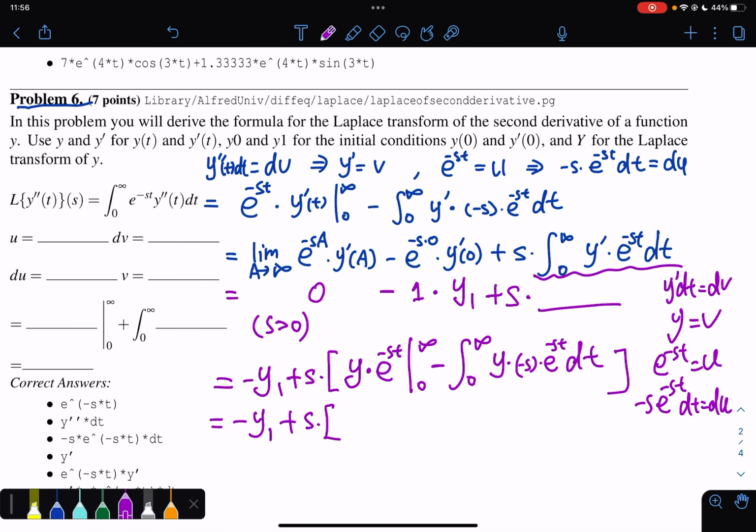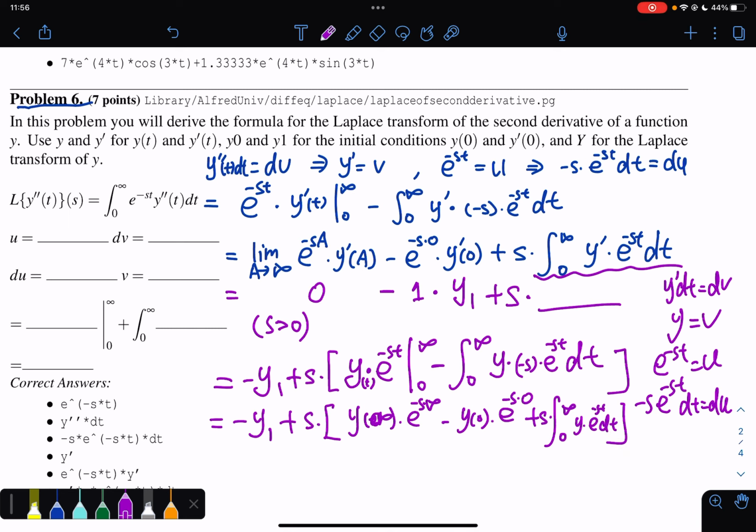Similar idea: I'm going to plug in t values of infinity and 0. I'm just trying to make it quick, so I pretend I can plug infinity into it, and then minus y of 0 times e to the negative s times 0. Since I have minus s, I'm going to have plus s, the integral from 0 to infinity of y times e to the negative st dt.